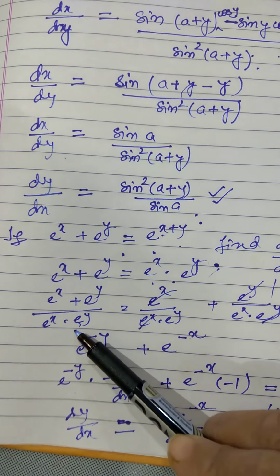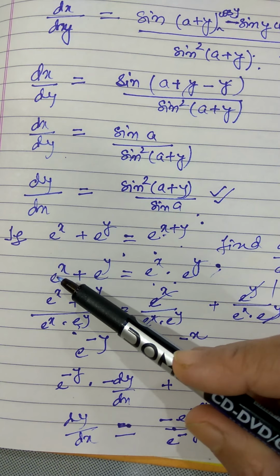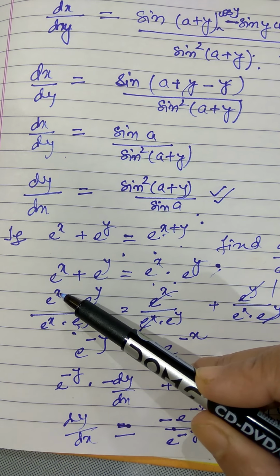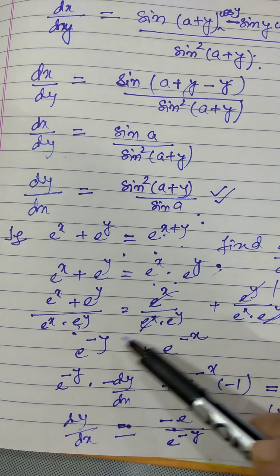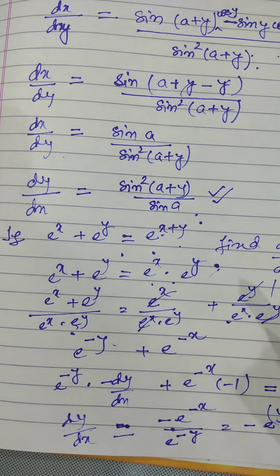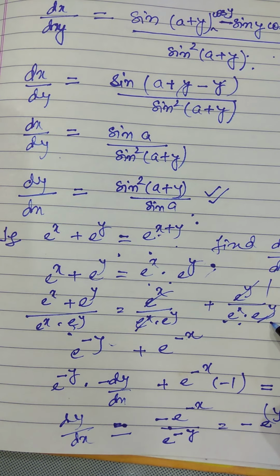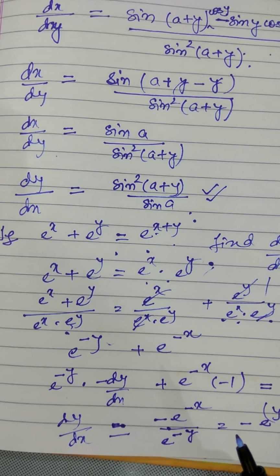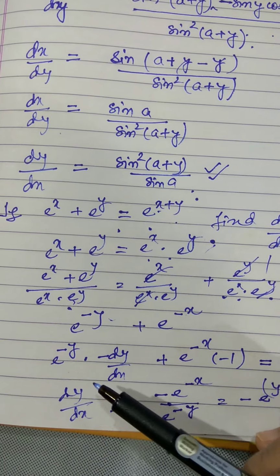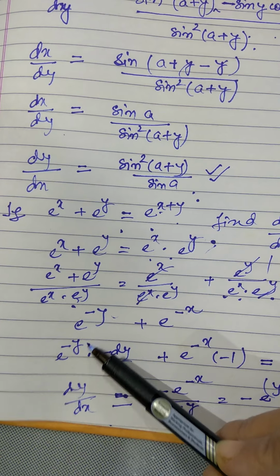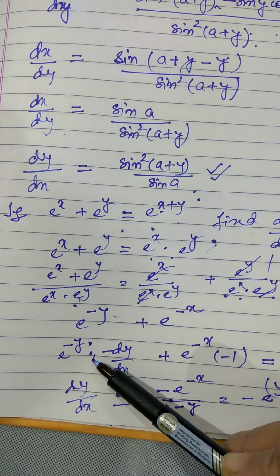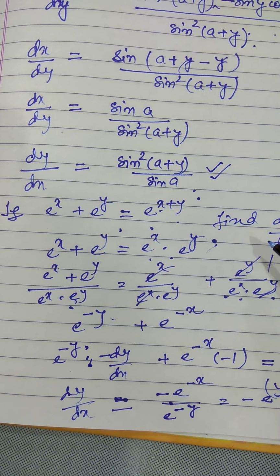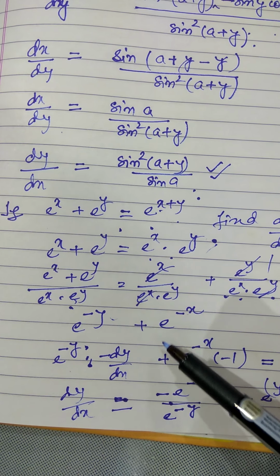Now divide this and separate this. So e^x / (e^x · e^y) plus e^y / (e^x · e^y). So here you get e^(-y), this is 1 upon e^y. And this is 1 upon e^x.